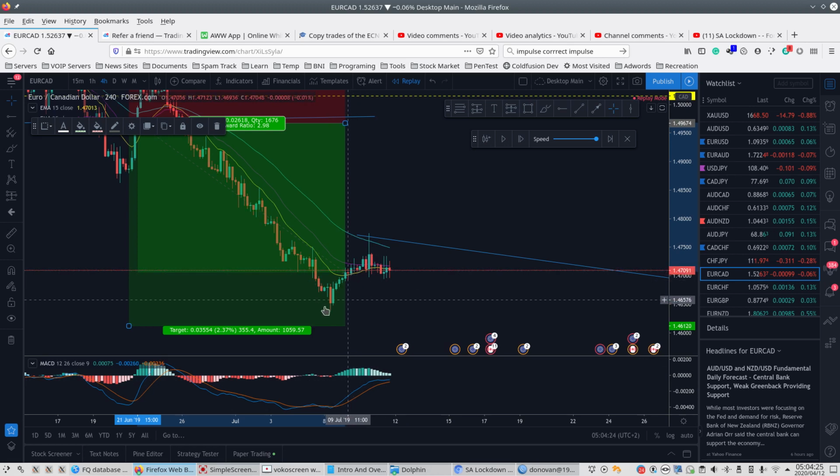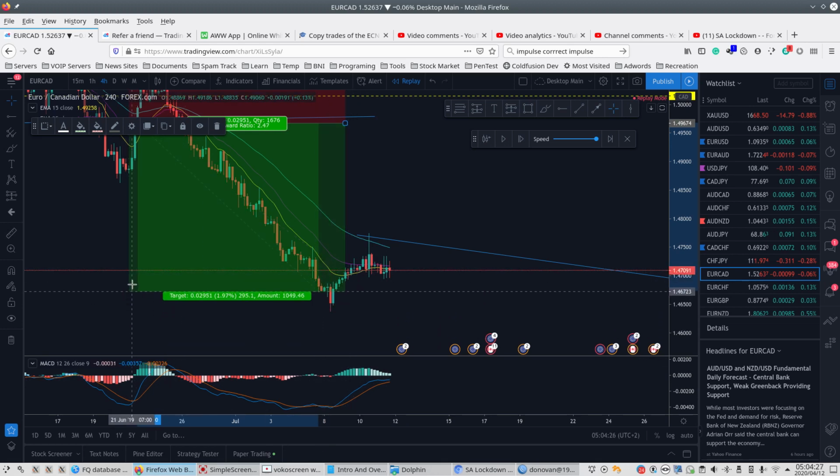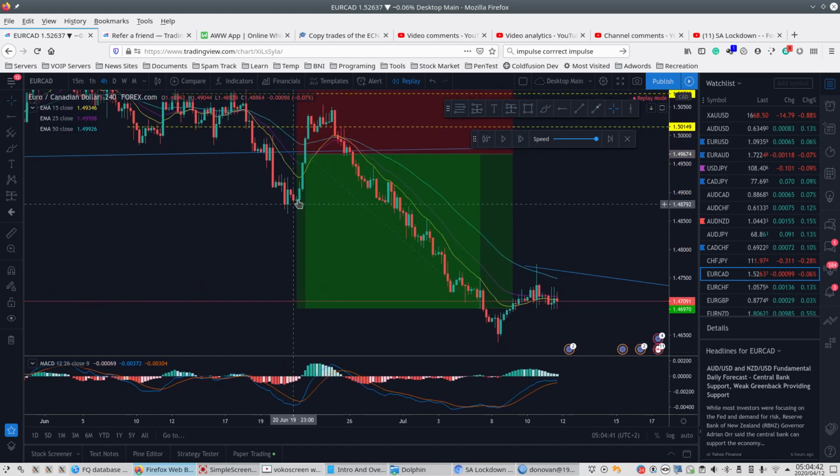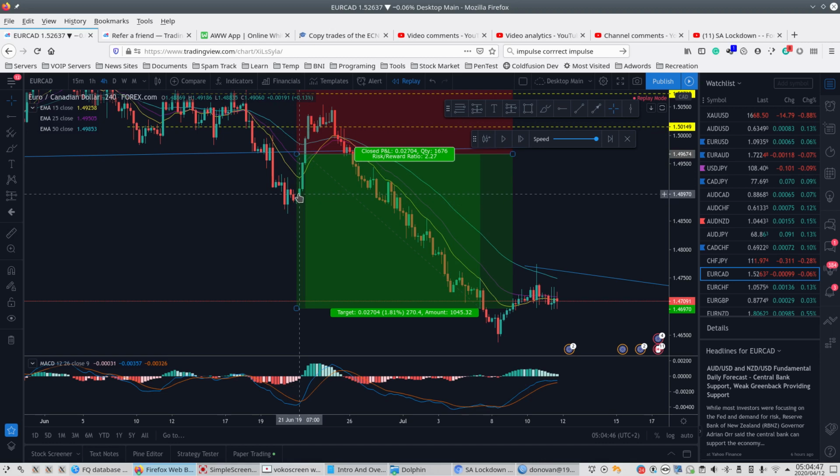Even in the worst case scenario here, I did lose that amount of pips, but I still made 2.27% on that trade, and that would have been over a period from the 21st of June to the 9th of July, and you would have upped your account by 2%. I don't know if anyone's actually noticed, I'm using a different currency now, EuroCAD.